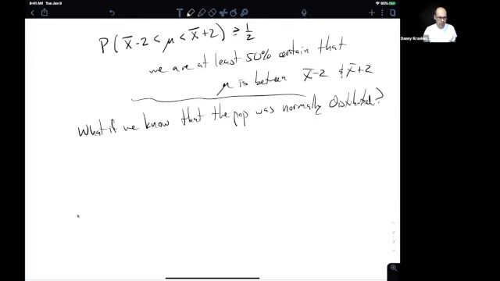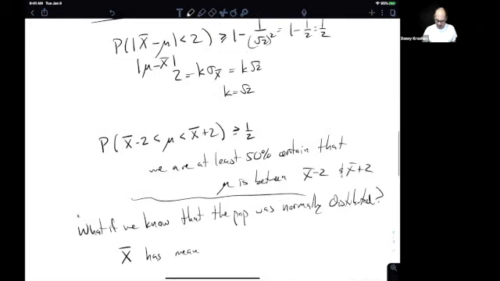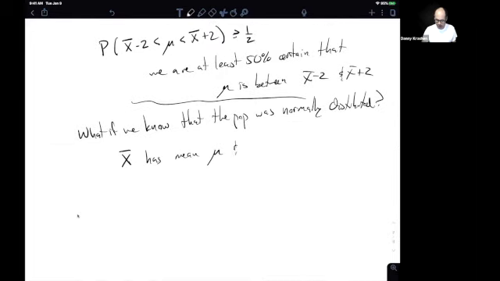Of course X bar, as we observed, has mean the same as the population mean, and variance 2.